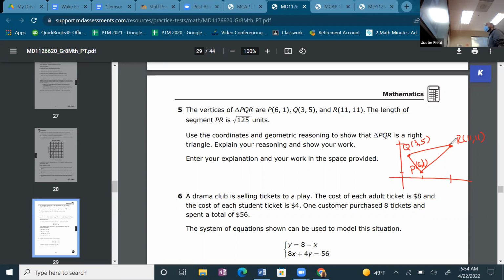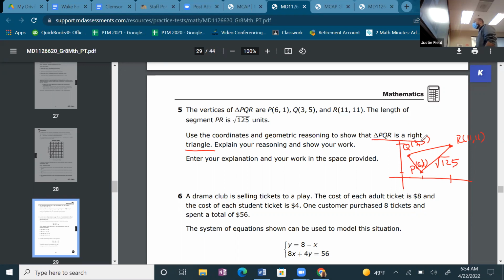Oh, and the length of PR is square root of 125. All right. Use coordinates and geometric reasoning to show that PQR is a right triangle. Well, PQR is a right triangle. We got to show that it's a right triangle.